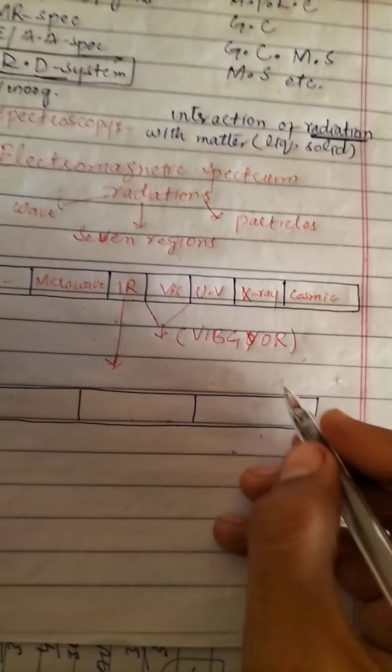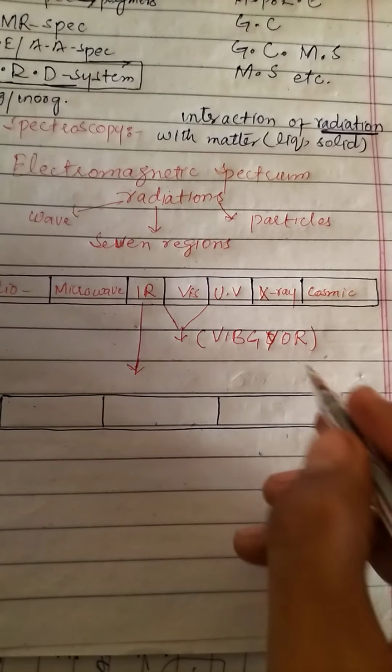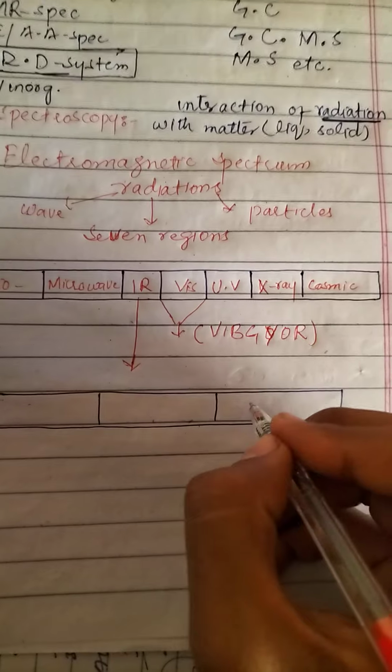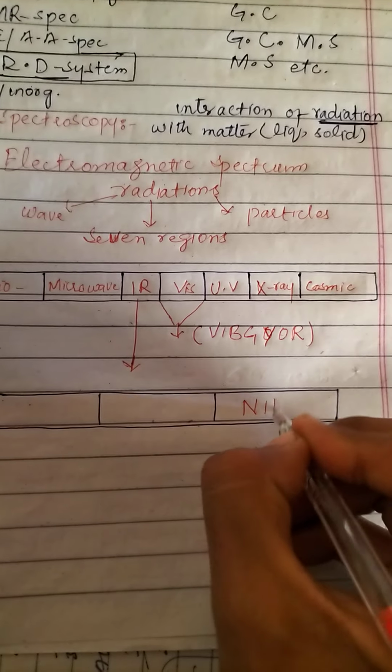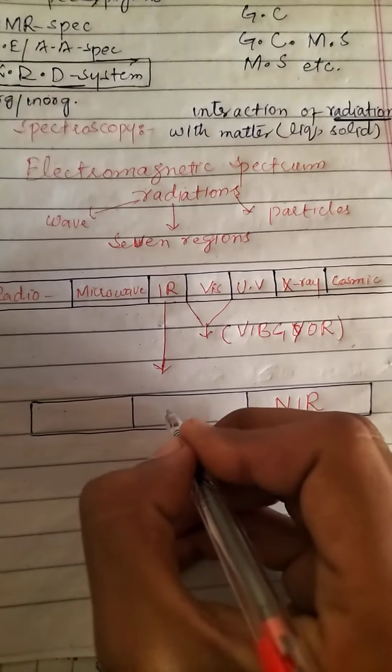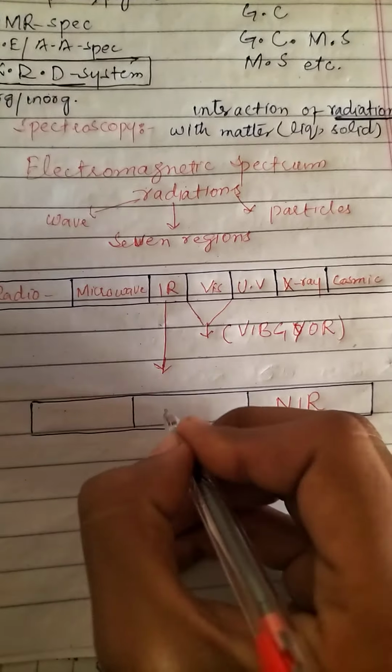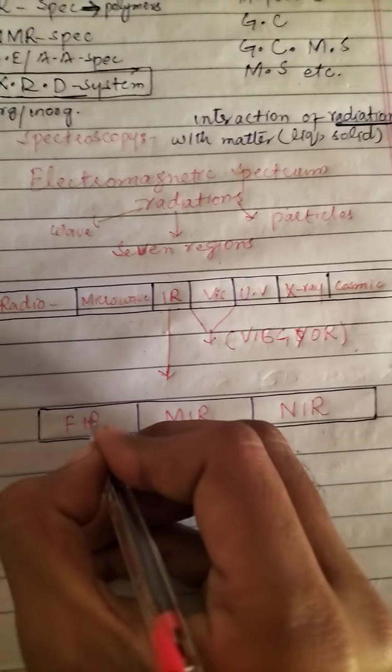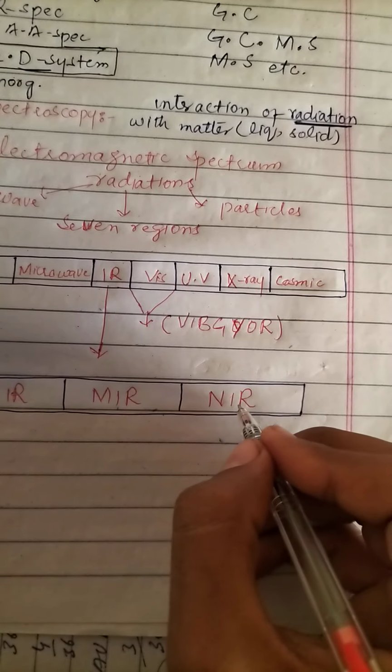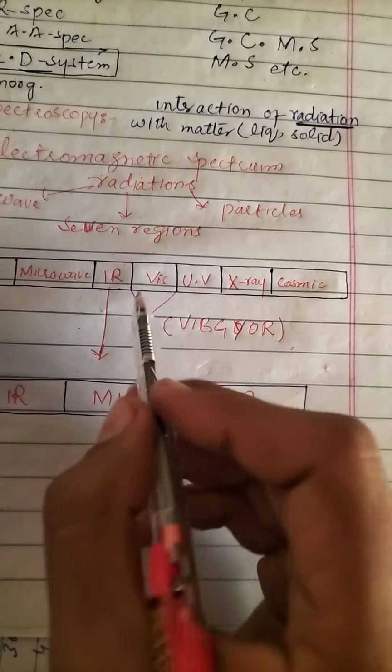The IR spectrum also has three regions. One is the near IR region, another is the mid IR region, and the third is the far IR region. Near IR starts from the visible region, and far IR is along with the microwave region.